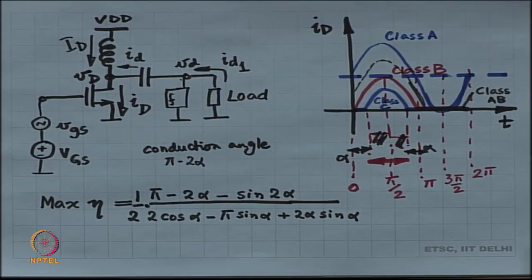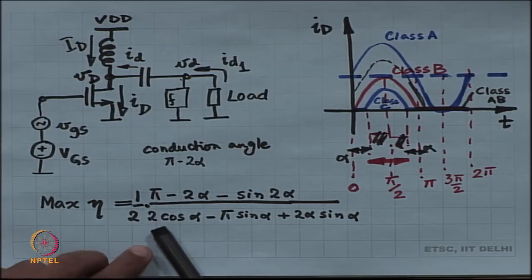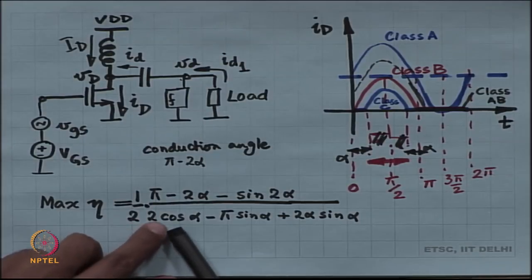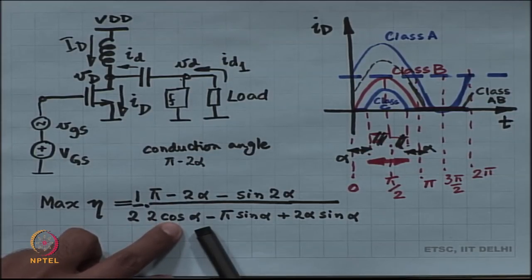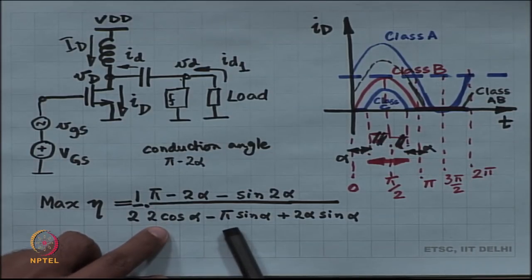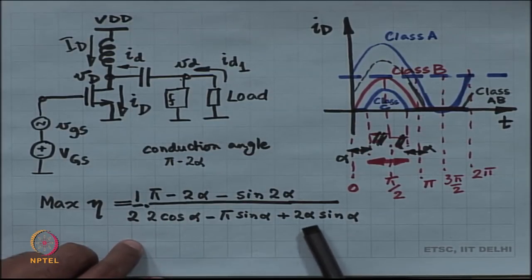Okay. And the denominator, if you look at the denominator now, the denominator has become 2 times cos alpha, cos pi by 4. Okay. So, that is root 2 minus pi sin alpha, pi times root 2, sorry, pi by root 2 plus 2 alpha sin alpha. So, 2 times pi by 4.